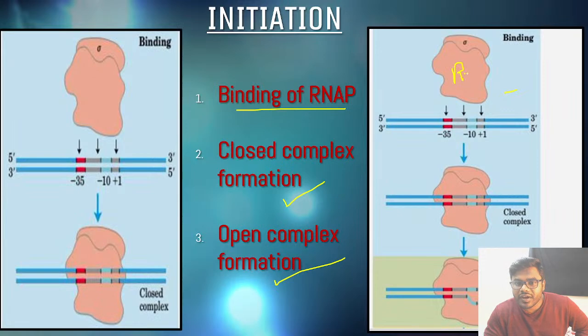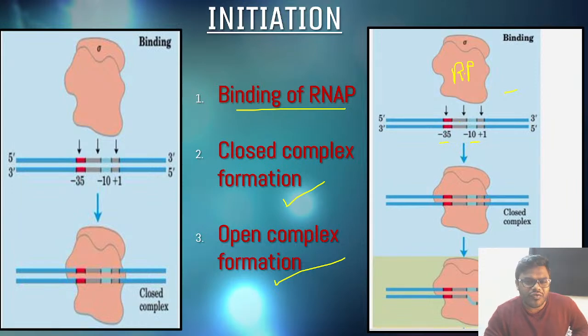Everyone pay attention. This is our RNA polymerase enzyme, and this is what factor, friends? Of course, this is the sigma factor. So friends, what will this sigma factor do? It will help the RNA polymerase enzyme to come and associate with the -10 region, as well as the -35 region.